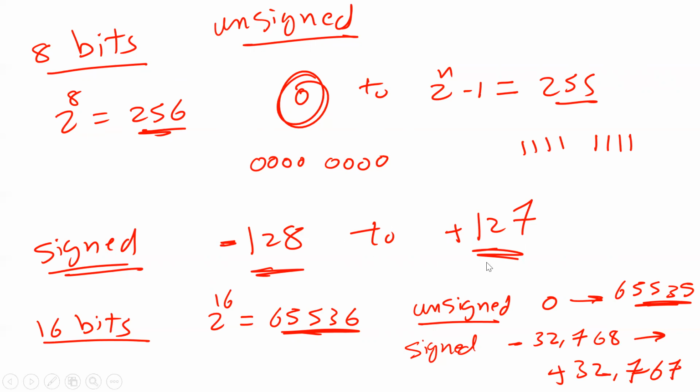Is that okay? Someone can ask me, what if what I am measuring is outside this range? I need something bigger than that. Use a word. Is that okay? Use bigger space. That's exactly what we did in the syllabus. In the syllabus, you have, I think, short, integer, long, right?